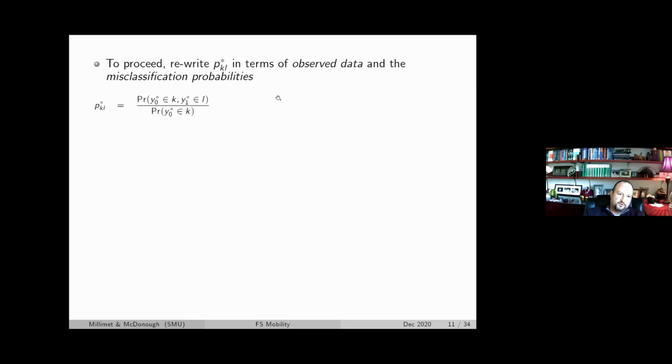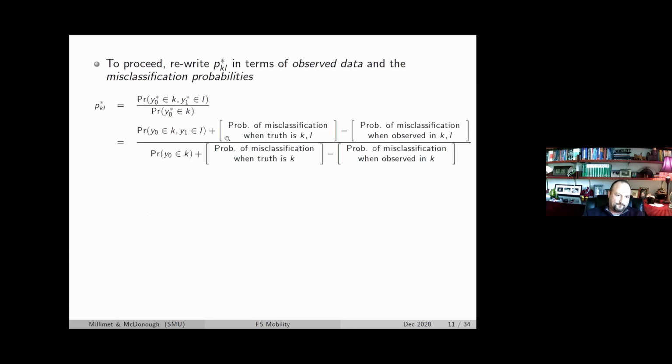All right, so now we need to work to get the bound. P star is what we're after. And really simple logic, we just think about false positives and false negatives. Looking at the numerator, what we're interested in is the joint probability that a parent-child pair really is in cell KL.